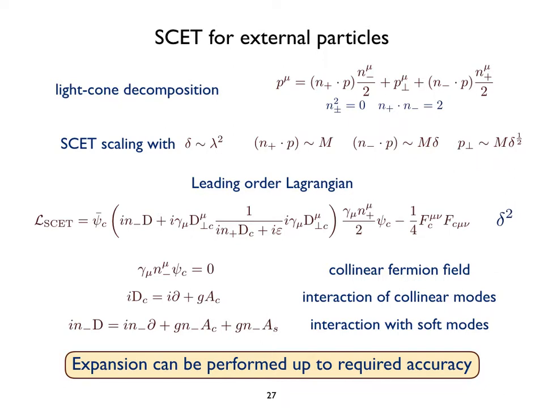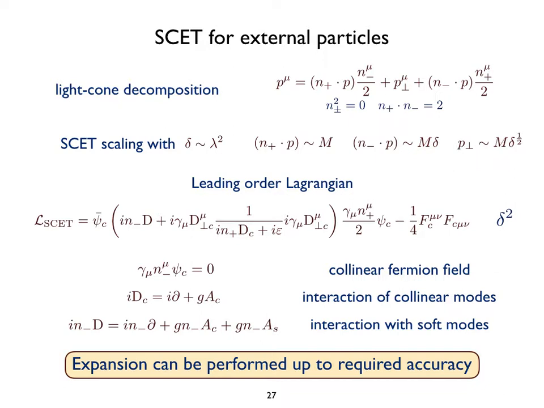The small component scaling is determined by the interaction with soft modes, and the perpendicular component scaling is obtained from the propagator pole. The Lagrangian for the neutrino field can be obtained replacing the covariant derivatives by ordinary ones and accounting for other direction of the neutrino propagation by interchange of n- and n+.